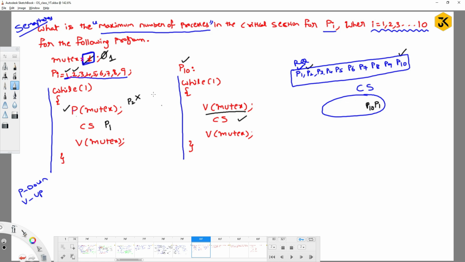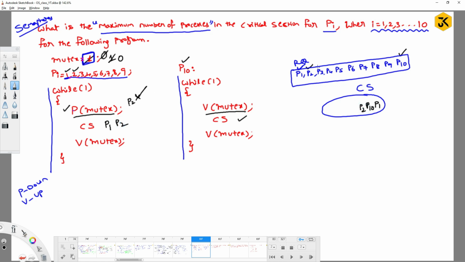Now meanwhile, can P2 enter into the critical section? Just think about it. P2 is trying to down the mutex, which means it will become 0. When it is 0, yes, it will be allowed. So P2 also will enter into the critical section.